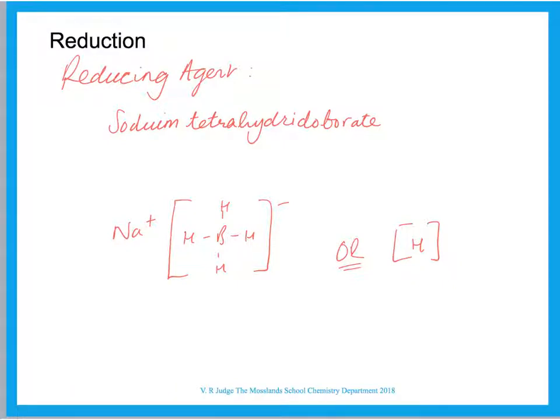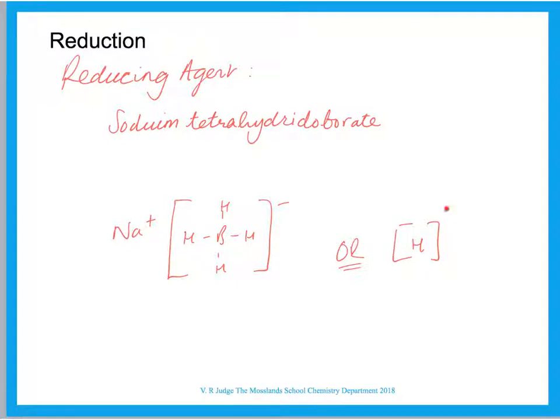So sodium tetrahydridoborate is a sodium ion, and then the tetrahydridoborate ion, which has the boron in the middle. Tetrahydrido means the 4 hydrogens, and the ion has a negative charge over the lot of it. And this is simplified quite a lot in writing chemical equations to show reduction to just H in square brackets.